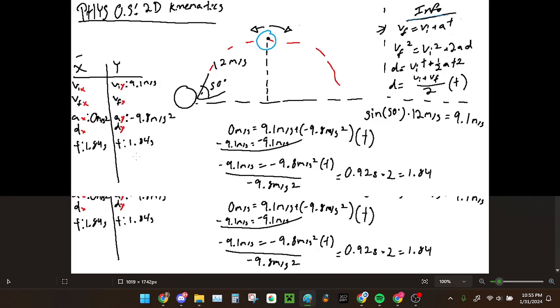We already have our vertical component. We can find everything else by simple equations, or by logic: since this is symmetrical, the final velocity would be negative 9.1 meters per second as it's going down, whereas at this instant it was going up. And our displacement would be 0 because it goes up and then back down.